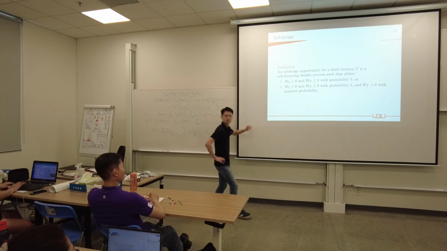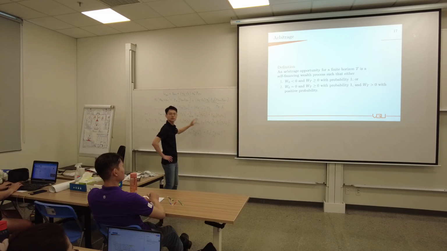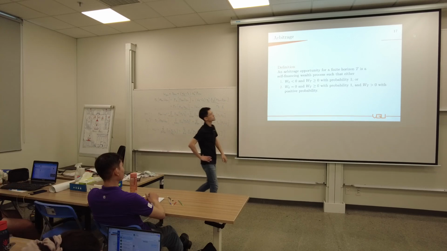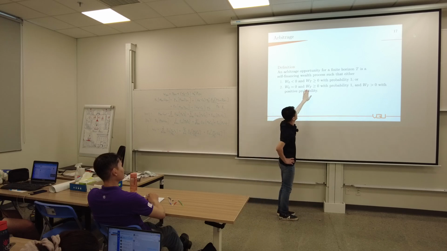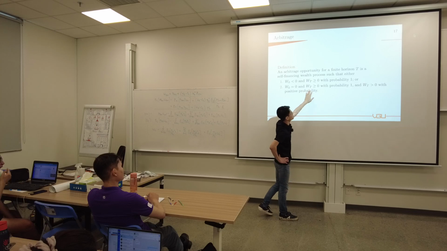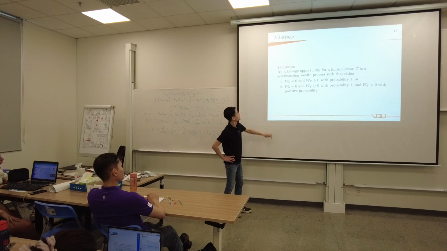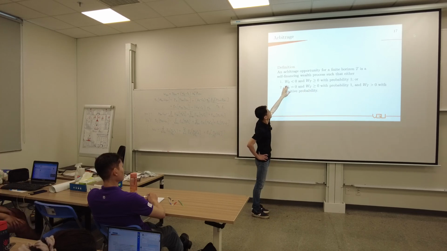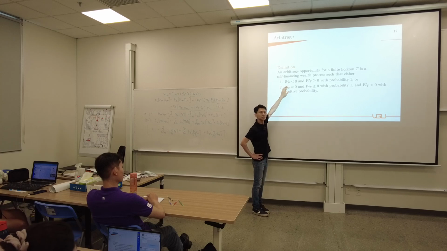We don't care what it has to go through in the middle. If W_T is positive or non-negative with probability 1, then we can just buy or sell this W.